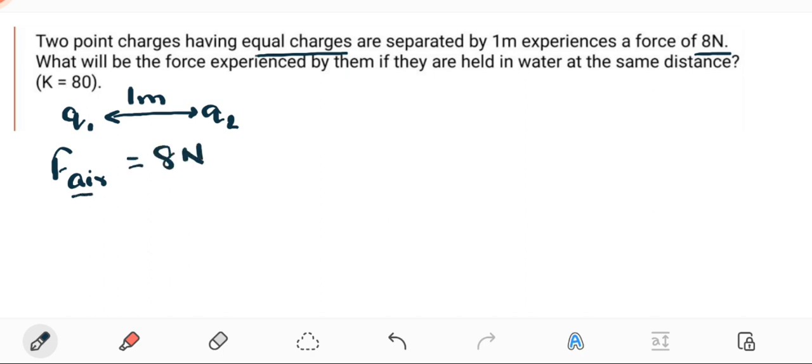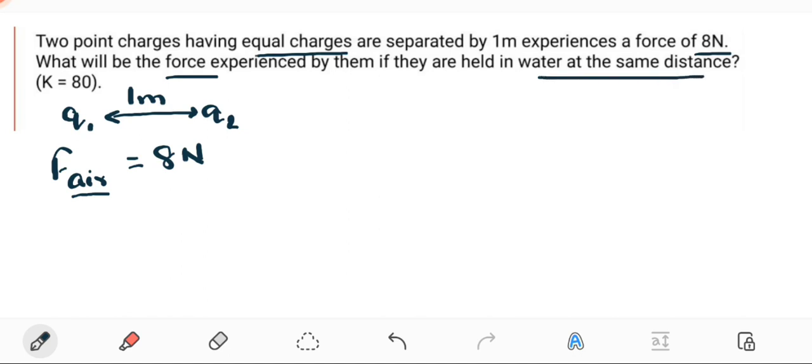Why have I written air over here? I could also have written vacuum, because no medium has been given in the first sentence of the question. पहले सेंटेंस में मीडियम नहीं दिया गया है, इसीलिए हमने इसे एयर कंसिडर किया है. हम लोग इसे वैक्यूम भी कंसिडर कर सकते थे. Now, what will be the force experienced by them if they are held in water at the same distance?